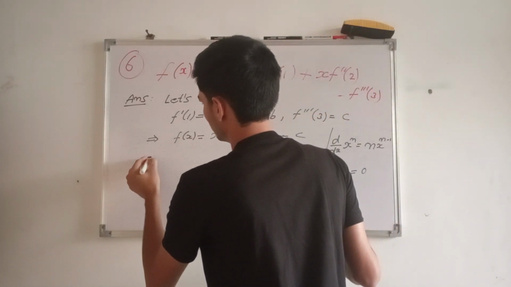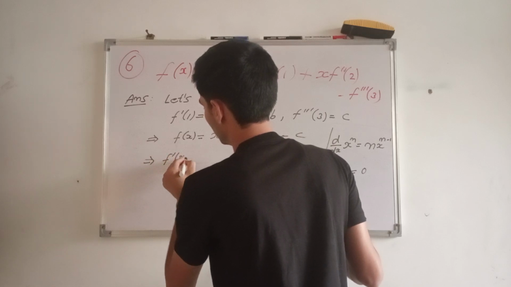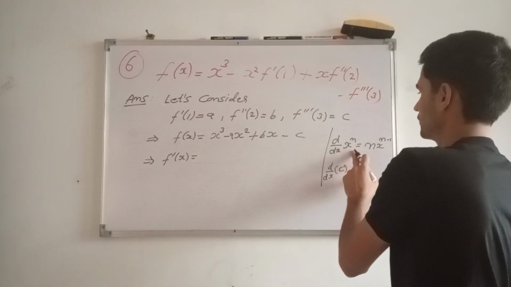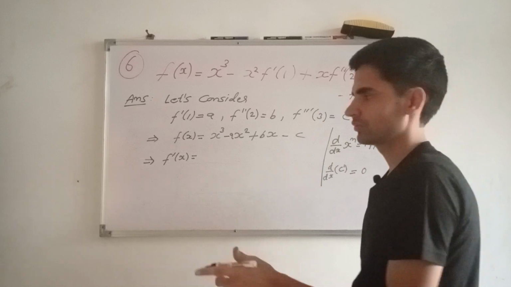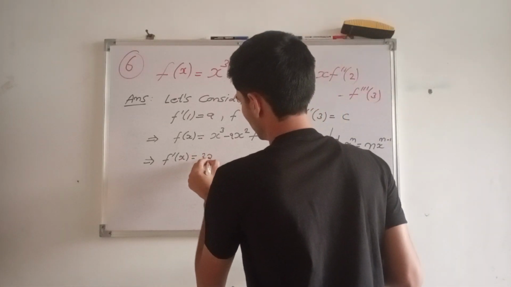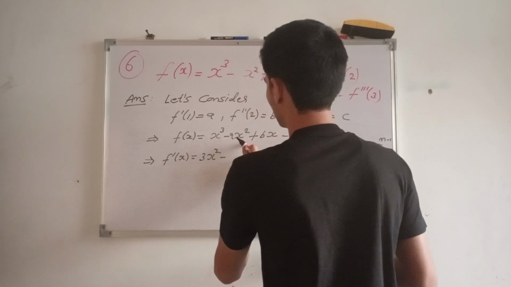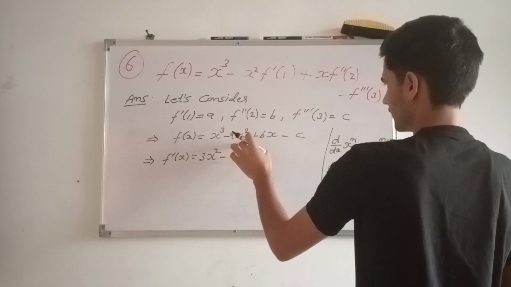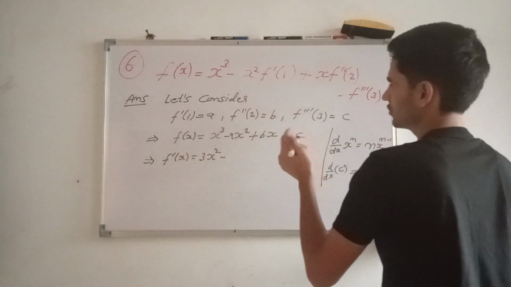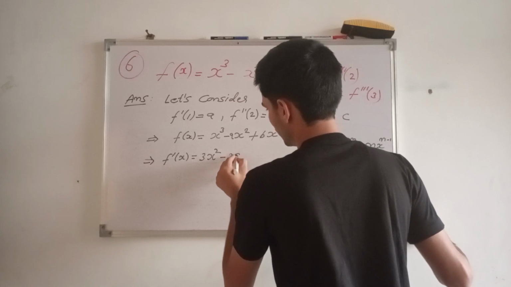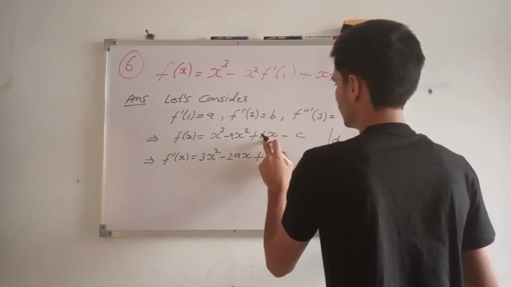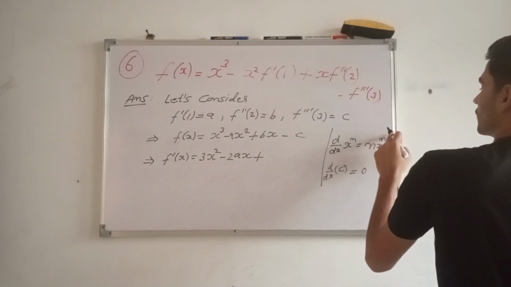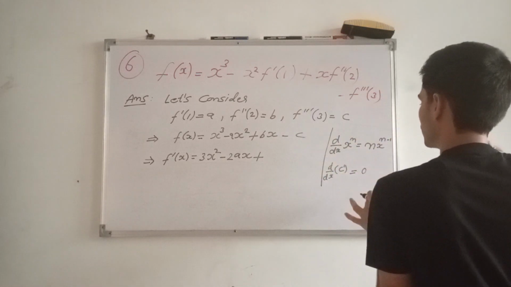Let us differentiate f(x). We get f'(x) equal to the derivative of x to the power 3, which is 3 into x to the power 3 minus 1, that is 3x square. Same here: a is a constant, so it comes outside of the derivative. What is the derivative of x square? 2 into x to the power 2 minus 1, that is 2x. So we get minus 2ax plus b times the derivative of x, which is 1 into x to the power 1 minus 1, that is x to the power 0, which is 1.